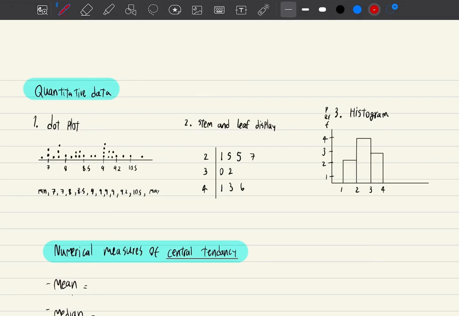Okay, so the next part is going to be quantitative data. The quantitative data elements are going to be similar to qualitative data, in that we have class frequency, class relative frequency, class percentage, and class.